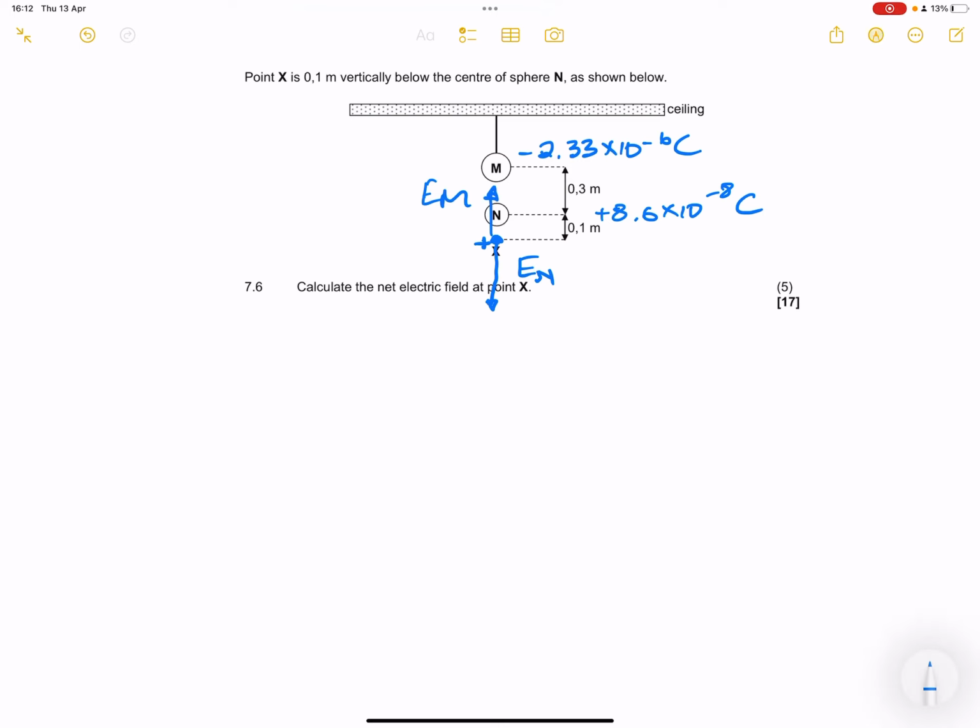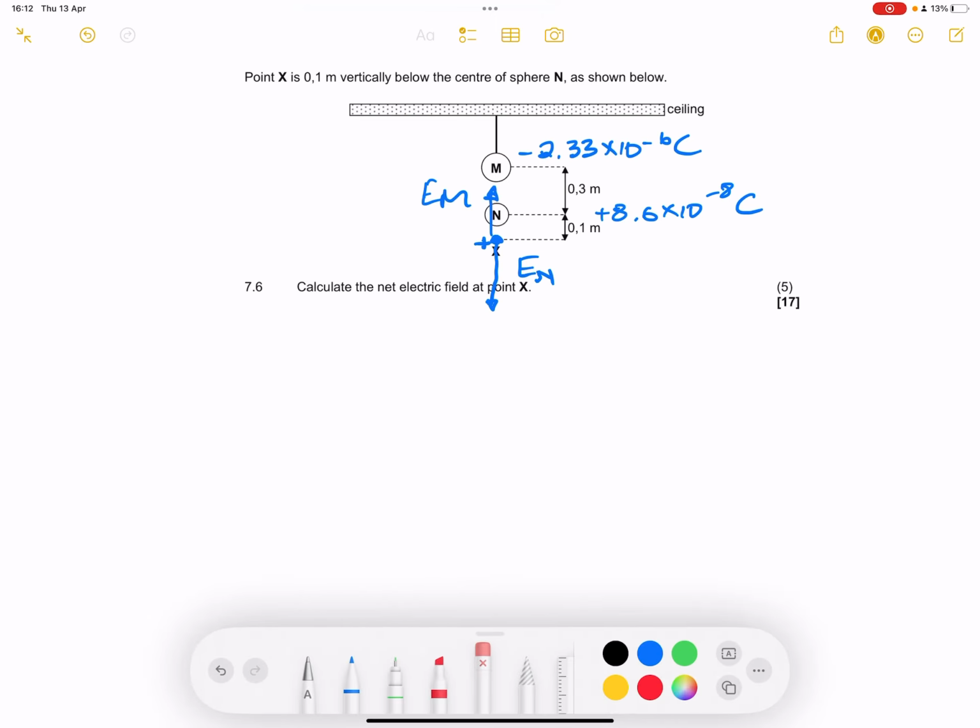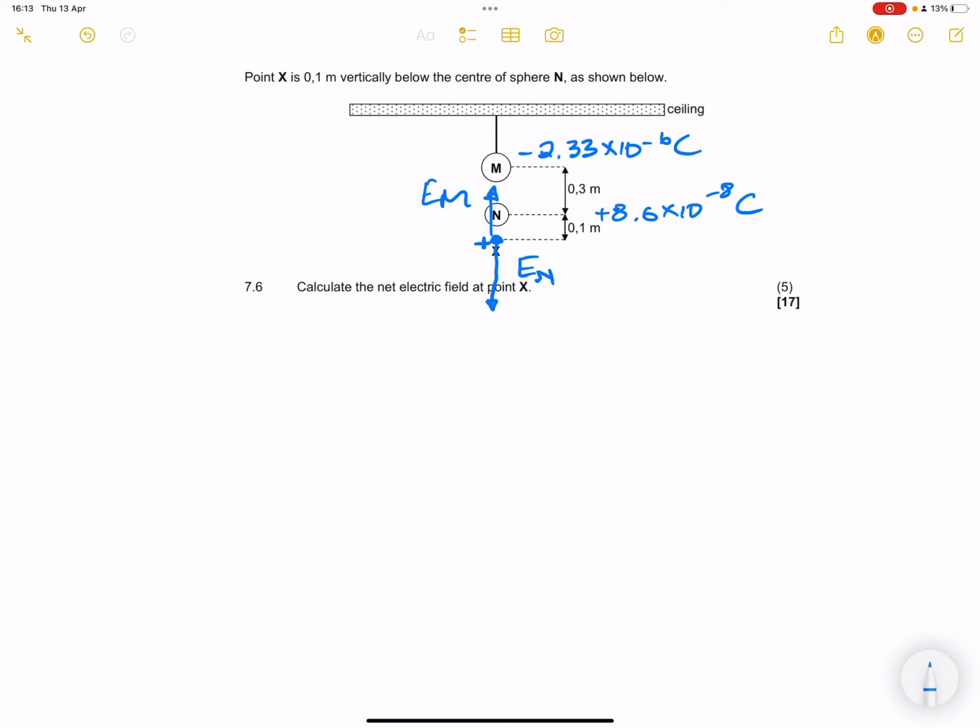So meaning, if we're looking for the net field, we're simply going to take the difference of the two fields. So the field due to M, that's KQM over R squared.